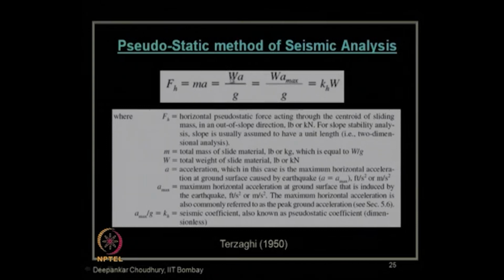W is the weight of the failure zone on which the seismic acceleration is acting. Generally we take the maximum acceleration, so a max by g. This a max by g ratio is called kh, which we have already seen. This is called the coefficient of seismic horizontal acceleration.